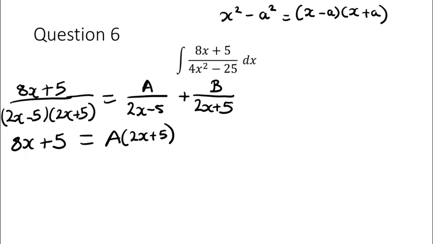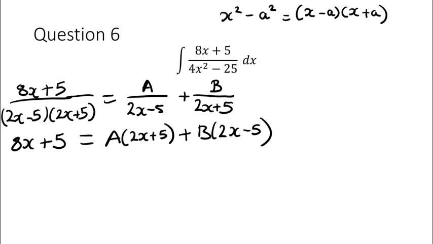So that will leave me with the 2x plus 5. And for the second term, it's the 2x plus 5s that are going to cancel, and you get left with the 2x minus 5.